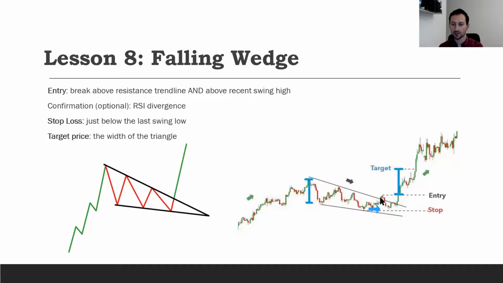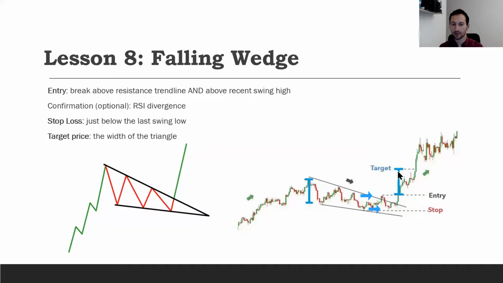The entry, as you can see here as well, is typically recommended at a point when the price breaks above the recent swing high. So it's not always right at the moment when there is a break through the resistance trend line. Really, to be safe, it's recommended to wait until we actually break above that recent swing high.